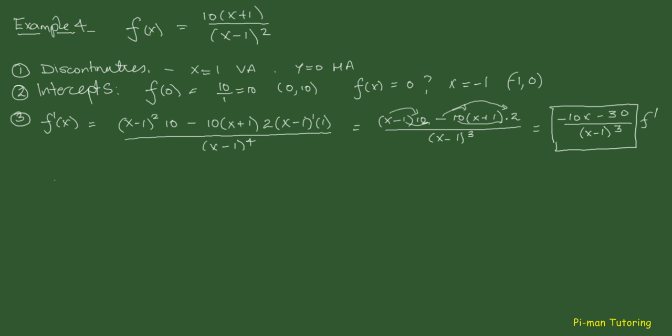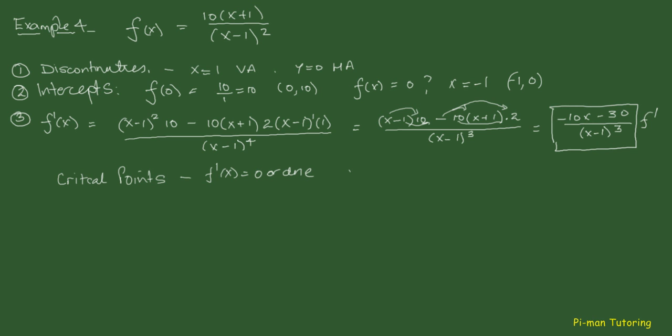So now that we have the expression for the first derivative, we can work out the critical points. And those are when f dashed of x is 0 or does not exist.